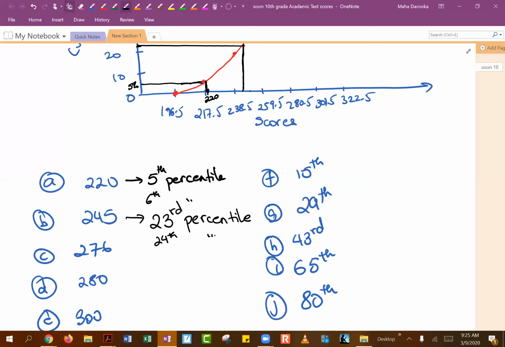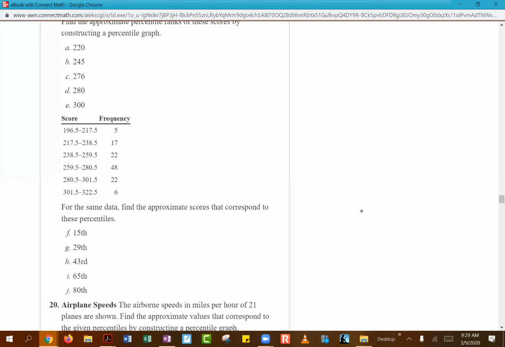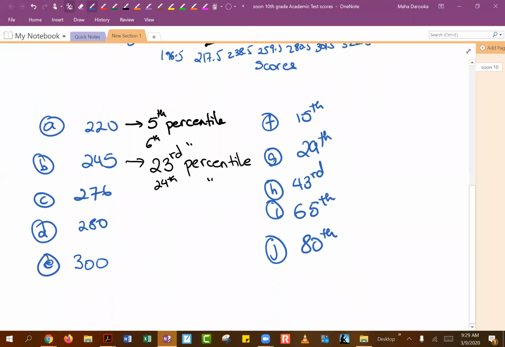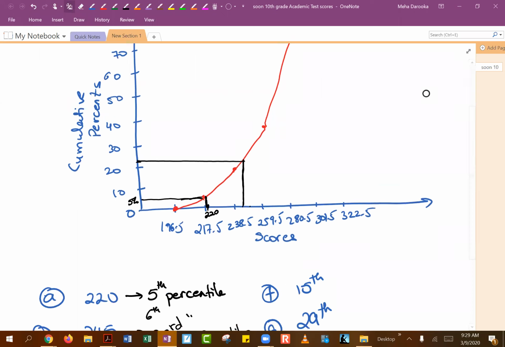All right, so same process for the other three scores, 276, 280, and 300. Let's go through this and see what kind of answers we come up with. So for 276, what did we have? Say that one more time.